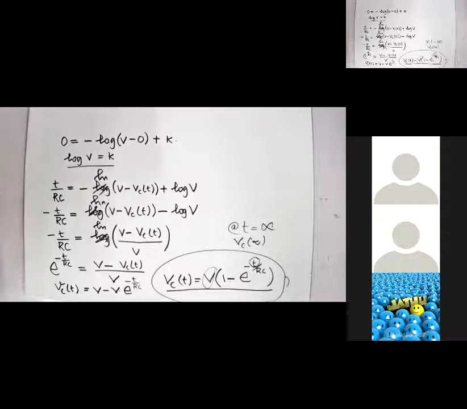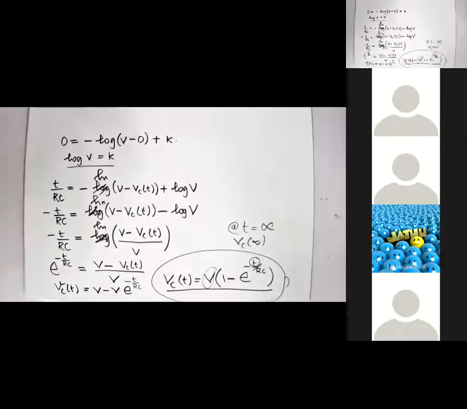What is e to the power infinity? 0. Yeah, why? E to the power minus infinity means 1 over e to the power infinity, and e to the power infinity will be infinity, and 1 over infinity will be 0, right?